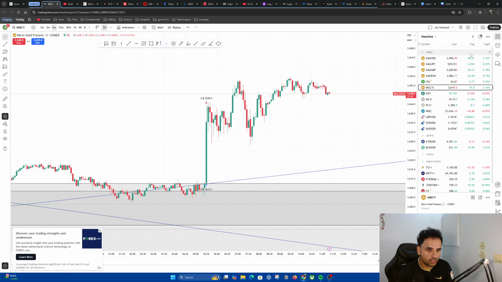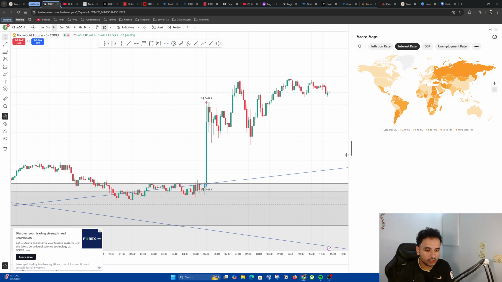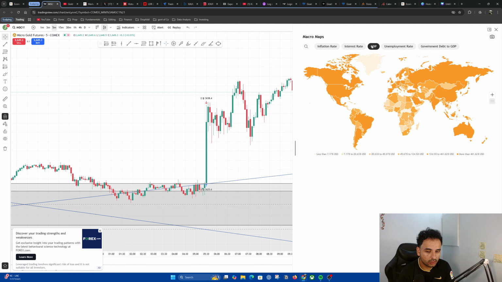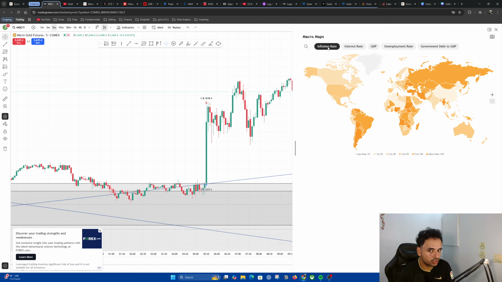And coming back, this I came to realize just 1 or 2 days ago. When you visit TradingView, go to this macro maps icon and adjust it accordingly. Here, for every country, there is GDP, interest rate, unemployment rate, government debt to GDP, each and every term.